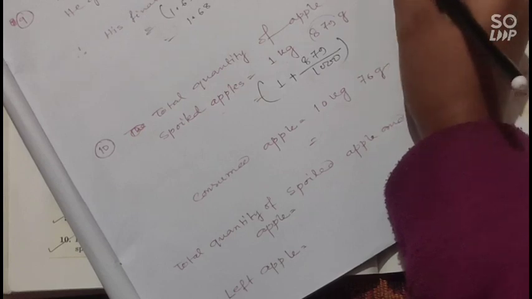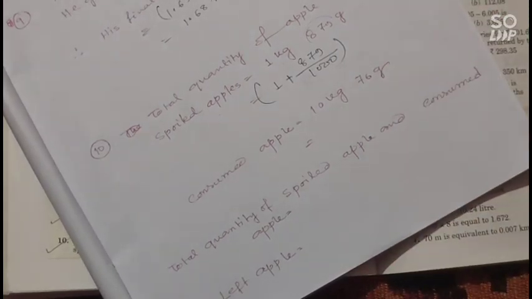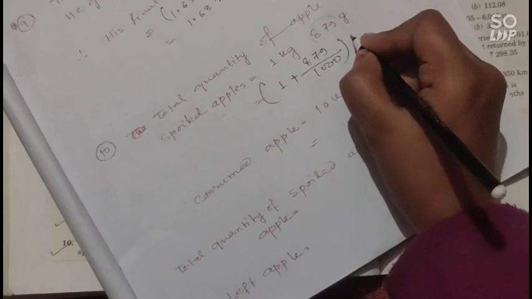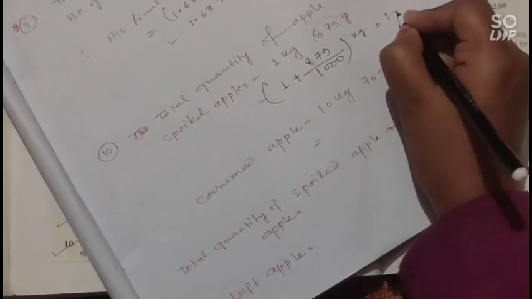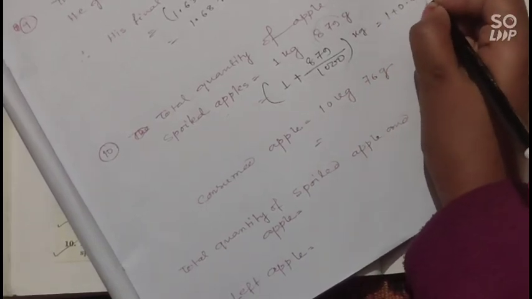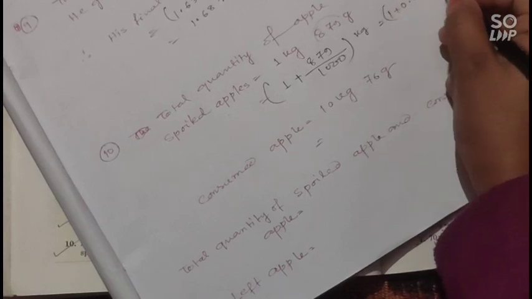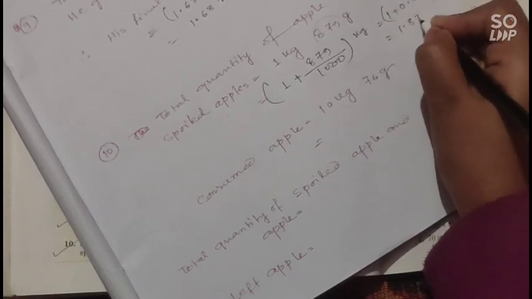So gram to kg, there are 3 steps. So you have to take the 1000, but you have to go upwards. That is, you have to divide by 1000. This much kg. So this will be 1 plus 0.879 kg. So this will be 1.879 kg.